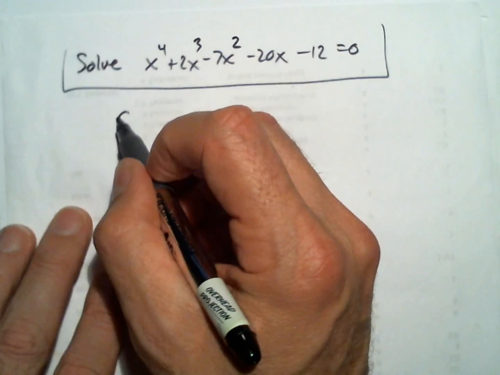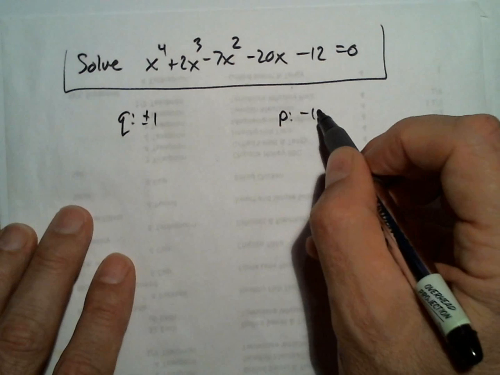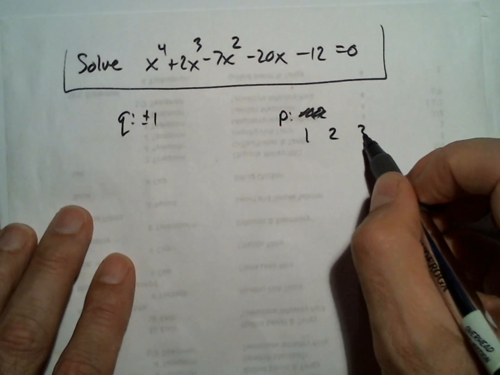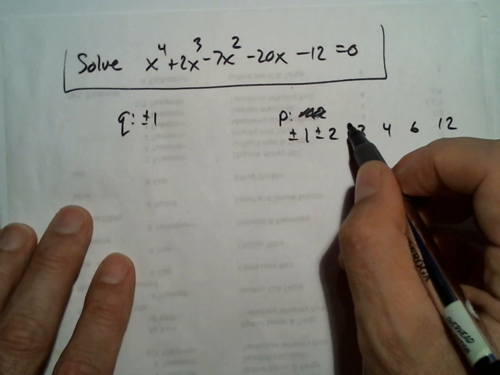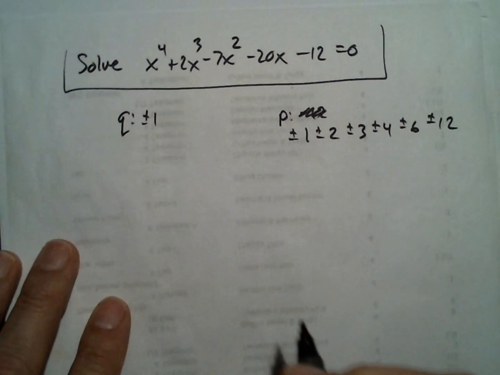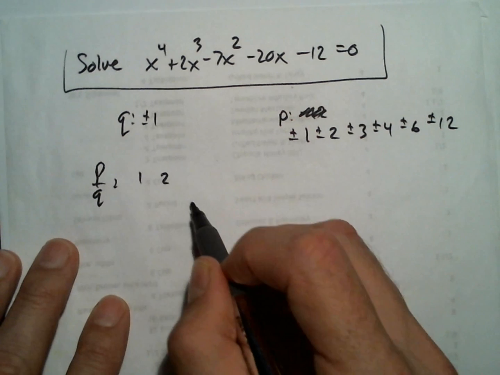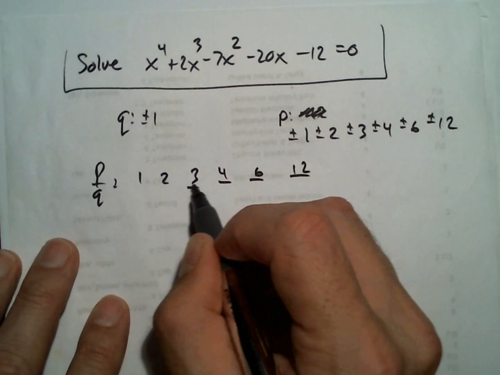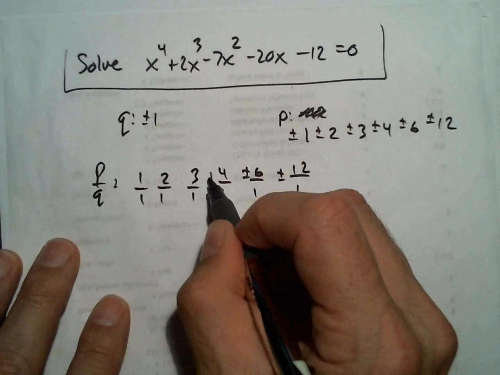Okay, so Q comes from the 1, P comes from the 12, and we're going to get 1, 2, 3, 4, 6, and 12. And then we have to do P over Q, and we have all of these possibilities.